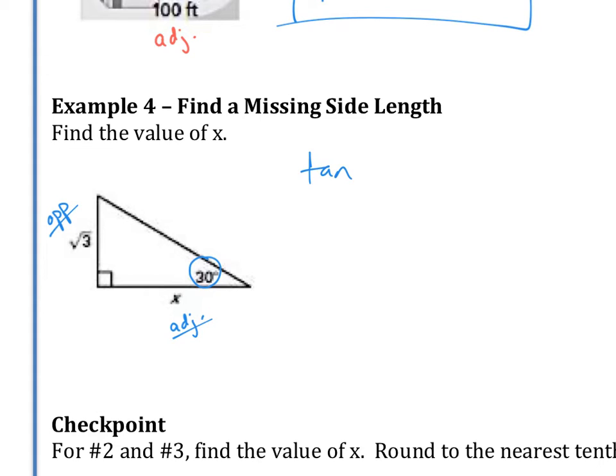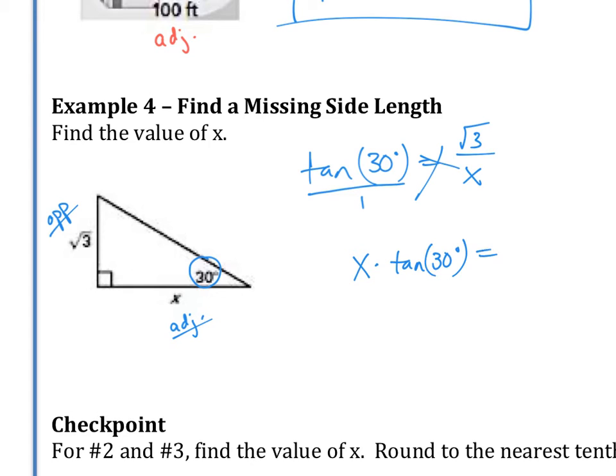So tangent of 30 degrees is equal to opposite, which is square root of 3, over adjacent, which is x. And now since we have x in the bottom, the easiest thing to do is put the tangent of 30 over 1, and then we cross multiply. When you cross multiply, you'll get x times the tangent of 30 is equal to the square root of 3.